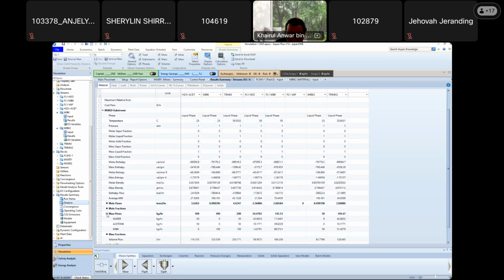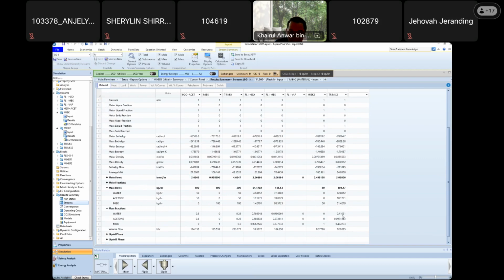Inspection. This is MIBK2. Yes, MIBK2, 50.